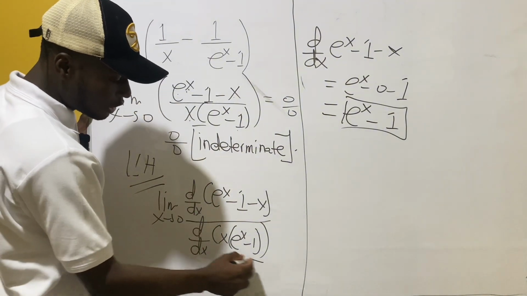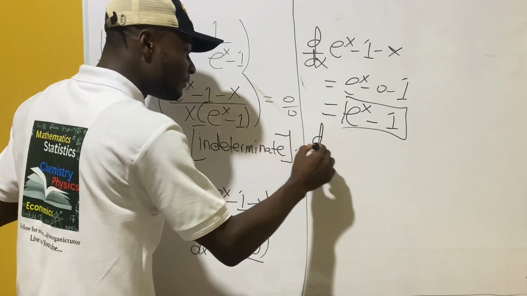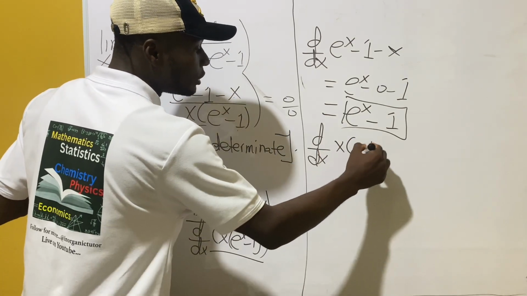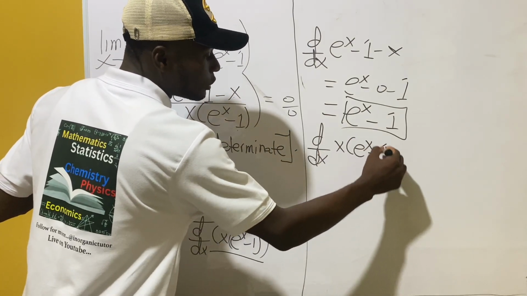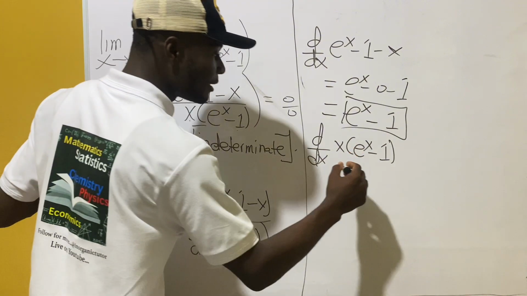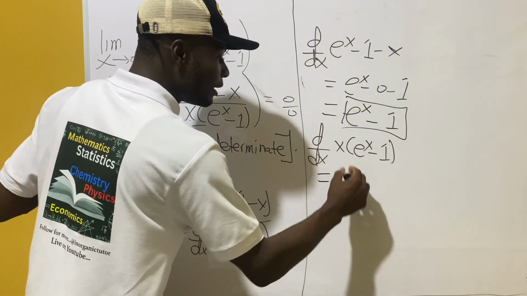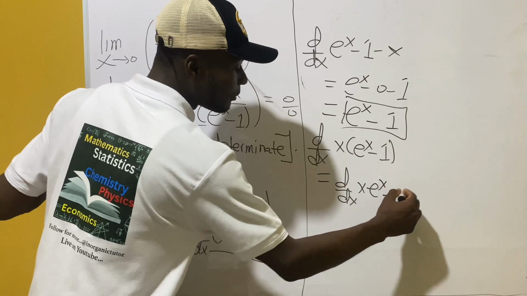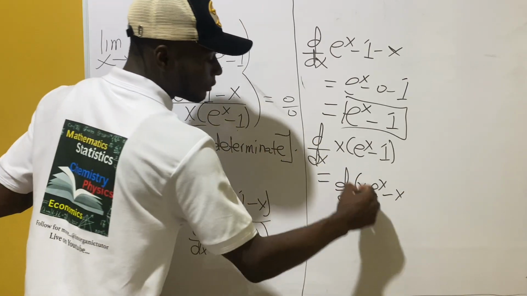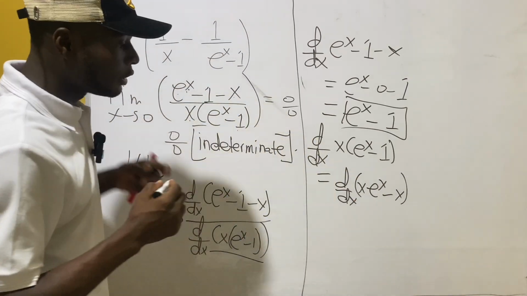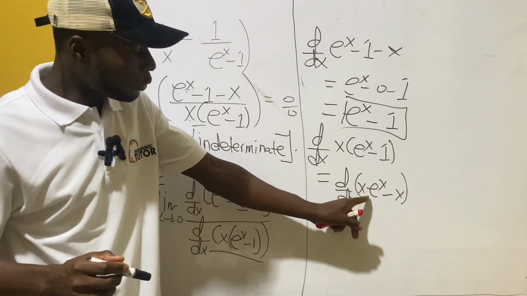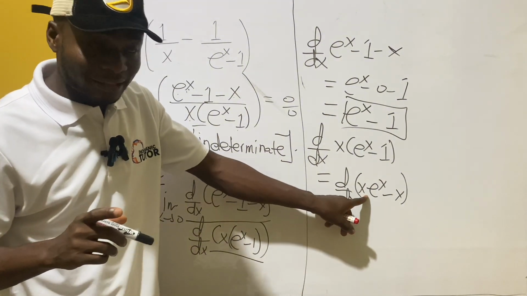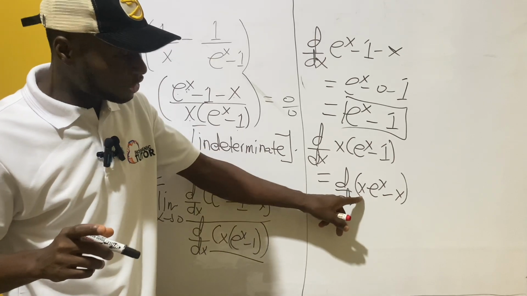So let's tackle the denominator. We have the derivative of the denominator, which is x times (e power x minus 1). This can be written as x e power x minus x. Here we can apply the product rule, because we have two functions multiplying.